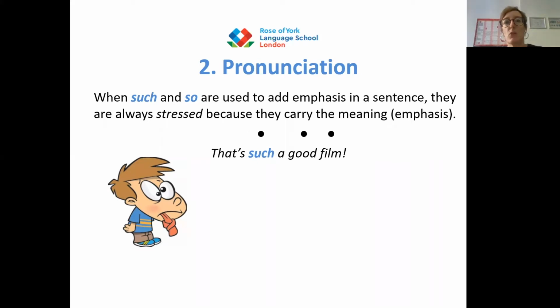So we'll say that such a together, good film separately. Something like this: that's such a good film.